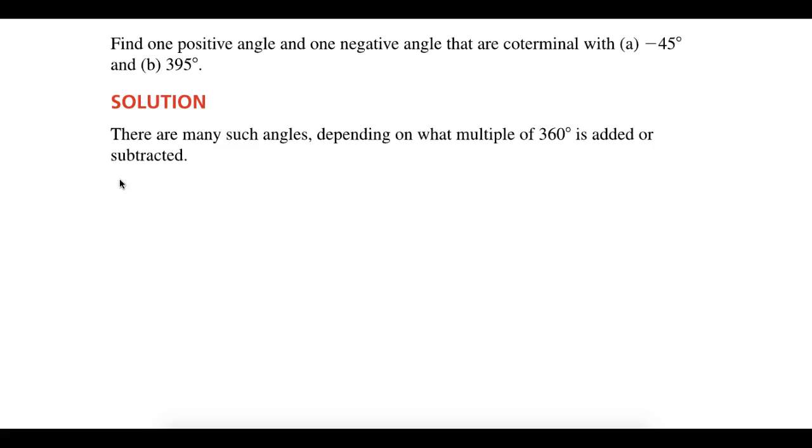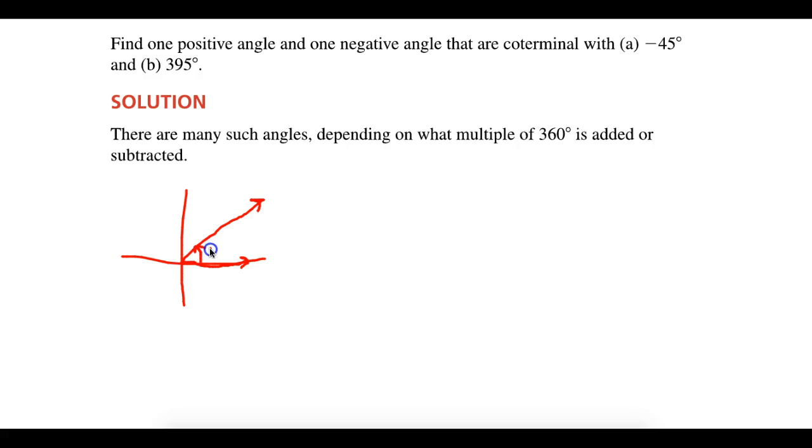Now, a coterminal angle, what that means is if you look at an angle right here, let's say for example, we're looking at a 45-degree angle. Okay, so we start with our initial side, and 45 degrees comes right out here.